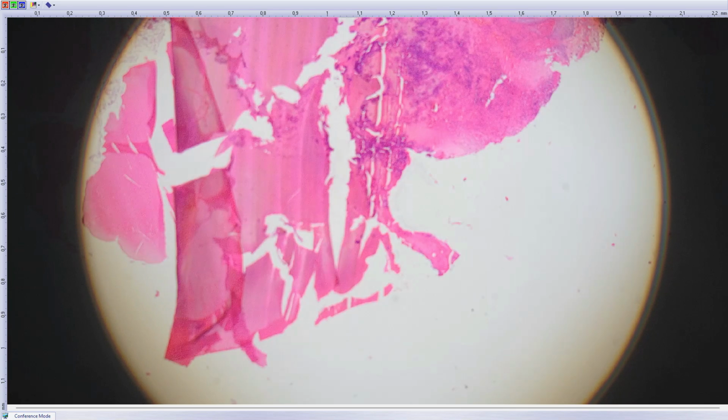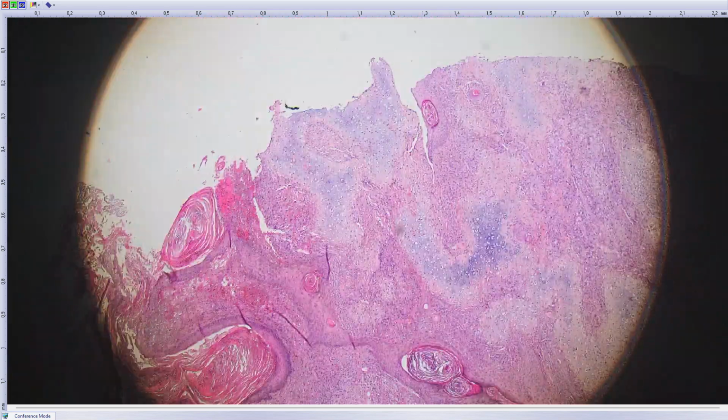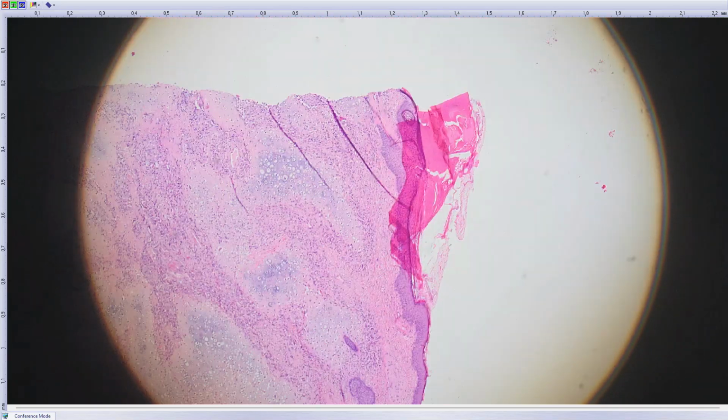And after, let's say, 4 months, I had another biopsy. Again, it came with the diagnosis tumor of the orbit. And you can see some mucosa here.